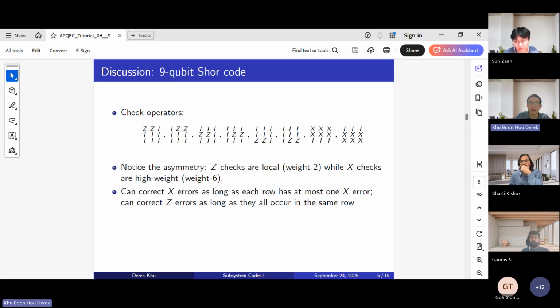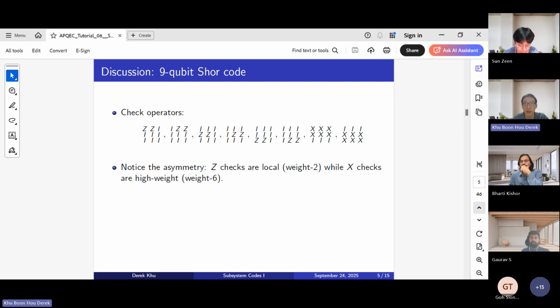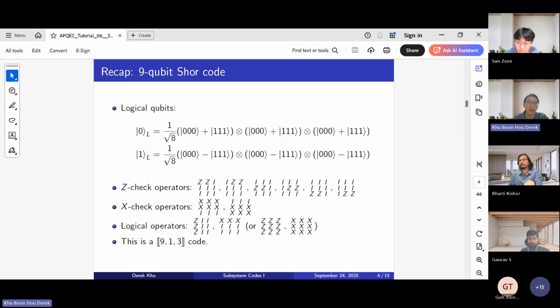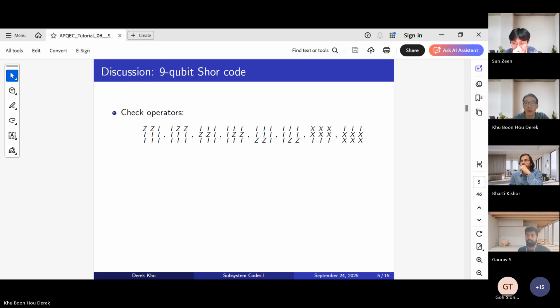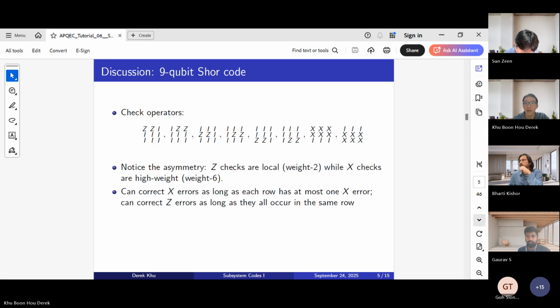If you go back to the code itself, you see that if there are two Z errors on the same row, the code effectively doesn't change. But if three Z errors occur on the first row, then it's equivalent to one Z error because two of the Z errors will cancel out.